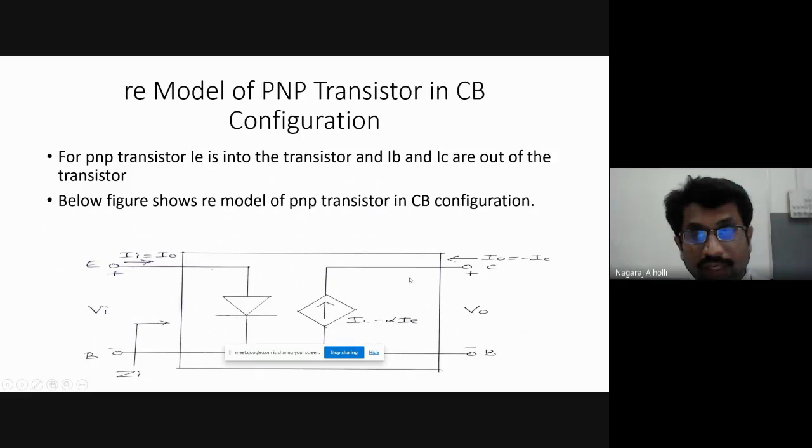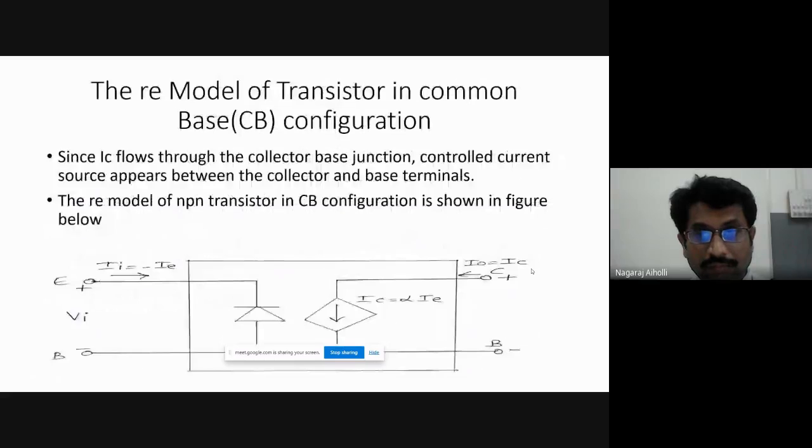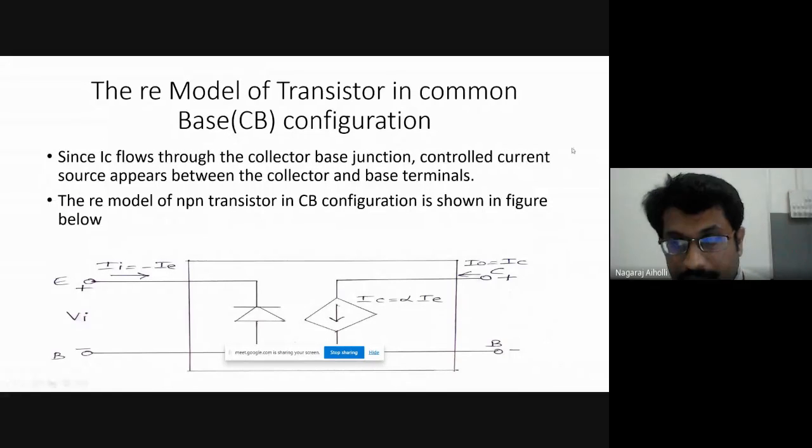But if we come to the output section, I0 is minus IC, whereas for the previous one, the NPN transistor, I0 is equal to plus IC. Therefore, the current direction is the same as that of the input, in the downward direction only.